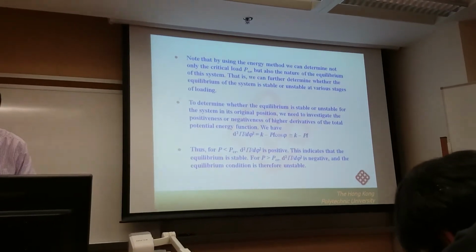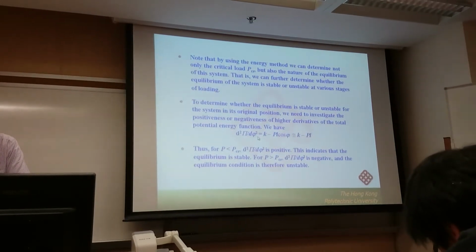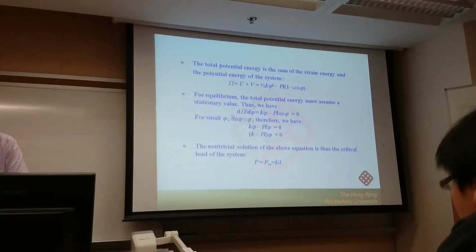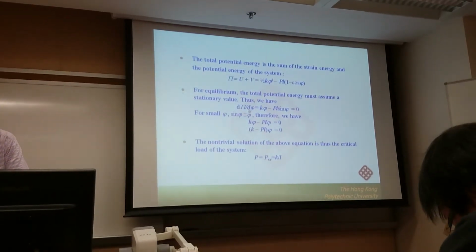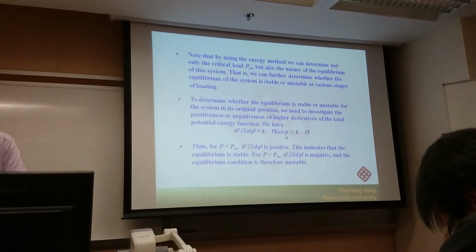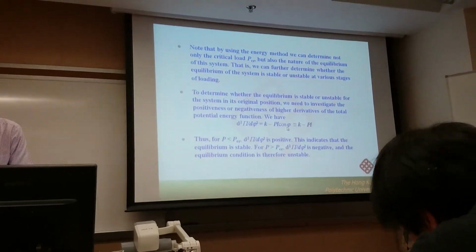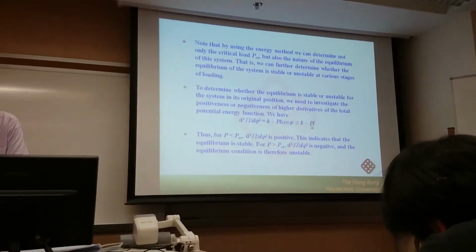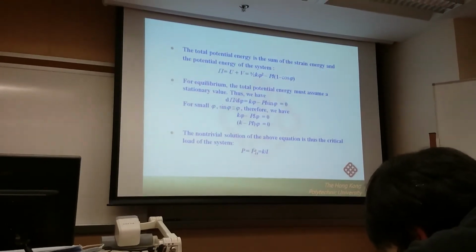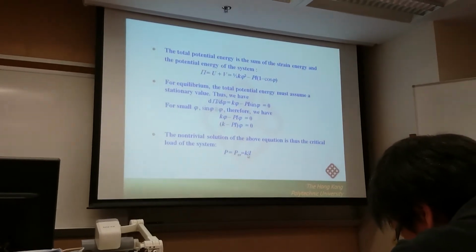So we have obtained the critical load, and then you can obtain the second derivative. You just need to take a derivative one more time for this equation, and then linearize the equation. Linearizing means you take cosine angle equal to 1. So we obtain the second derivative, and then you substitute the critical load, which is equal to K over A rho.